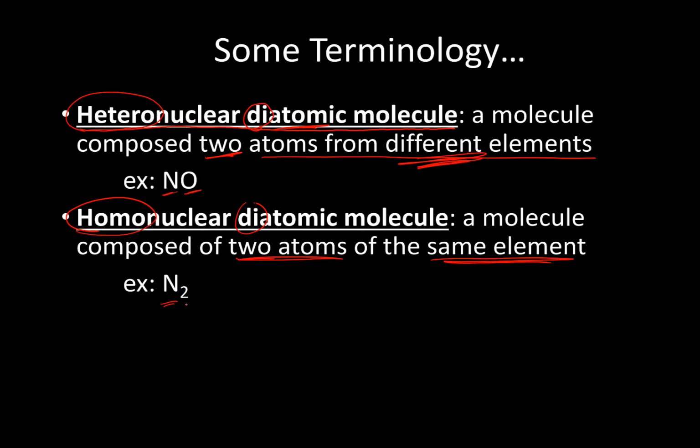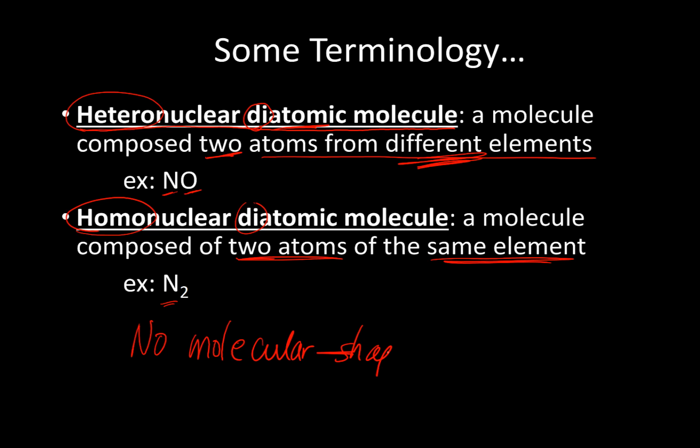This becomes important because when you have heteronuclear or homonuclear diatomic molecules, you do not have a molecular shape. So I'm just going to write no molecular shape.